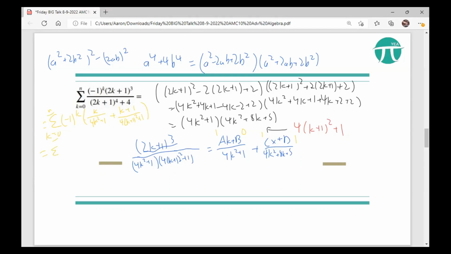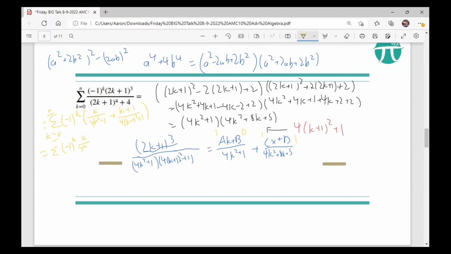So this is just equal to -1 to the k times k over 4k squared plus 1, okay, 4k squared, not 4 to the k, minus -1 to the k plus 1, because -1 squared is just 1, times k plus 1 over 4k squared plus 8k plus 5.